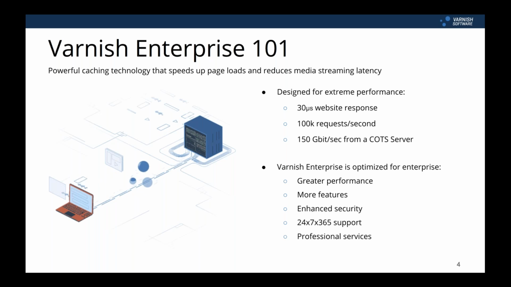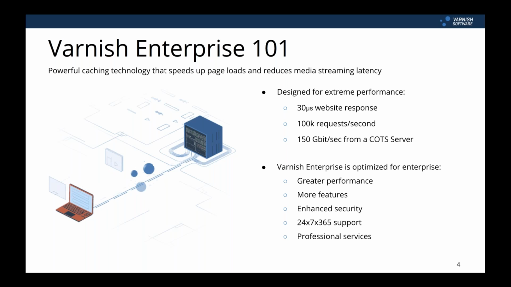And Varnish Enterprise is really optimized for enterprise organizations. So it's providing the features and functionality and those intangibles that larger businesses require when they're investing in any technology. So you've got the high performance, you've got the huge feature set, including massive edge storage, persistence, high availability, things like that.